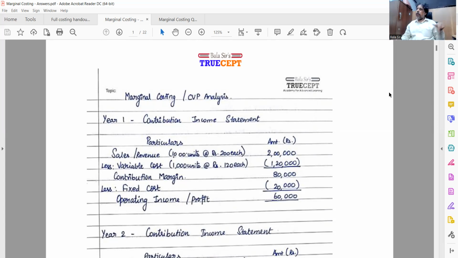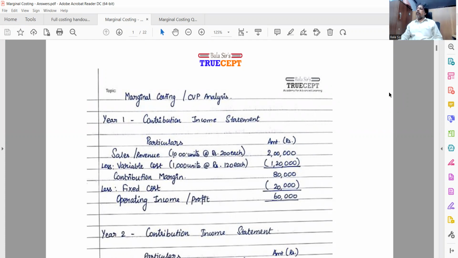X, the break-even point, into rupees 80. So 80x is your contribution. Minus fixed cost, how much? 20,000. What is the profit? Should be zero. I want a zero.